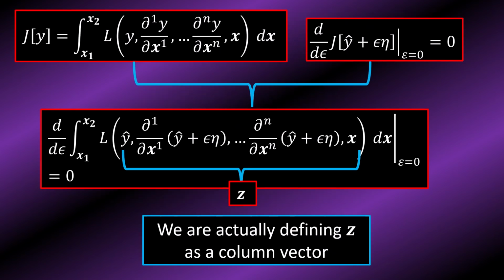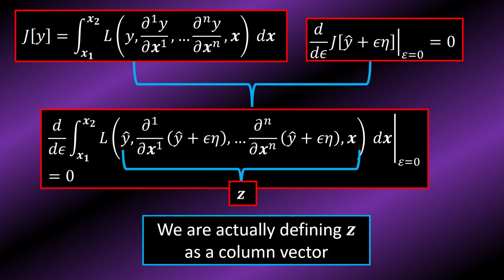So in order to optimize J of y in our function space, we're going to add a perturbation to y hat. Basically we're going to say that our function is a vector in infinite dimensional space. We create the epsilon axis starting at y hat and going in the direction of eta, scaled by epsilon.